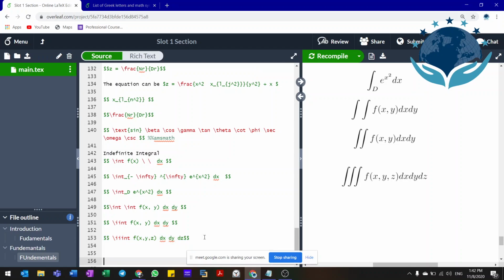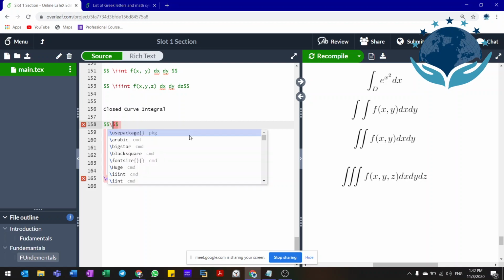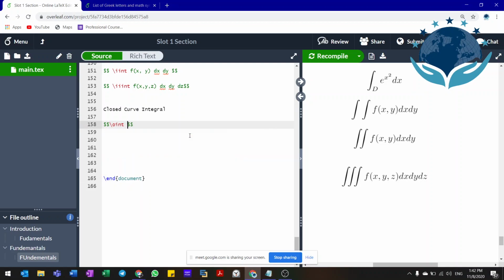Next thing we are going to talk about is the closed curve integral. You might have seen this in the surface integral chapters of mathematics. For that, you have to use slash OINT. The O stands for the O present in the integral, so that's why it is named like that.